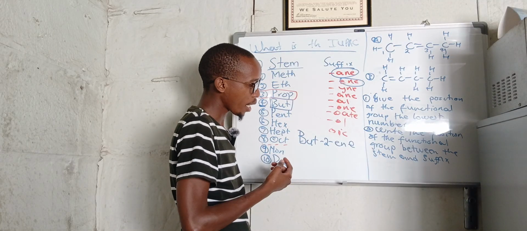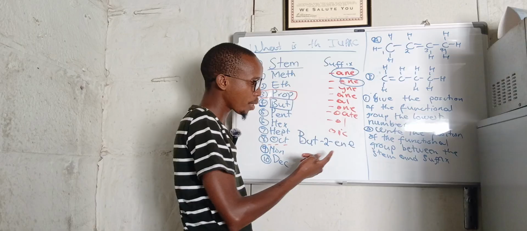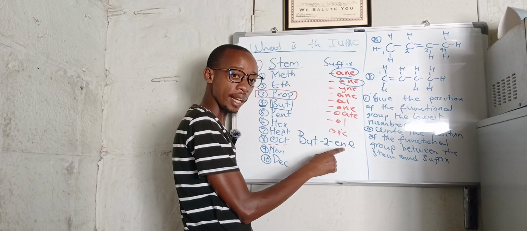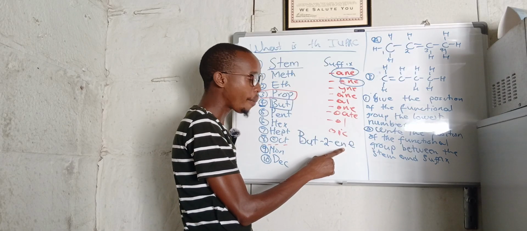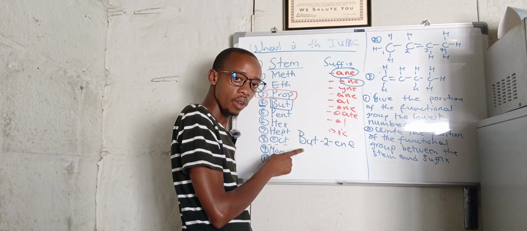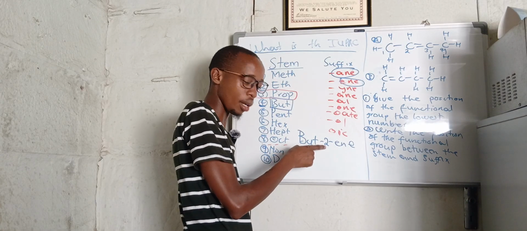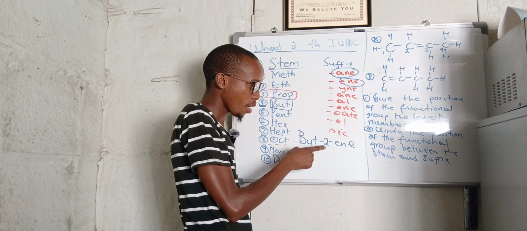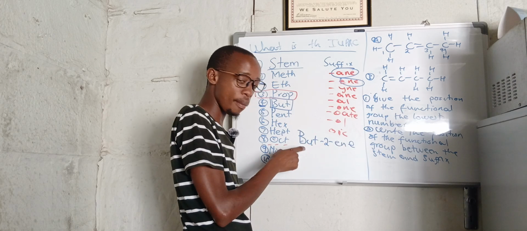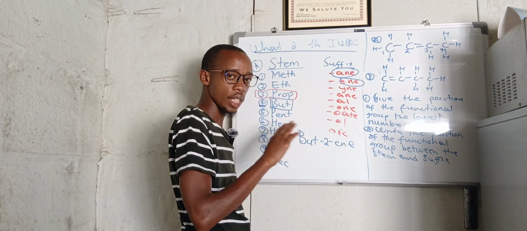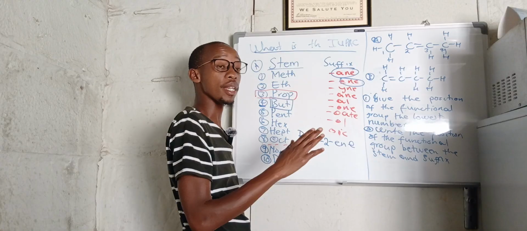You check the functional group, and the suffix tells you this is an alkene. How many carbons does it have? 4. And where can we find the double bond? Carbon number 2. You see, alkene, 4 carbons, carbon number 2. Easy peasy. I hope it makes sense.